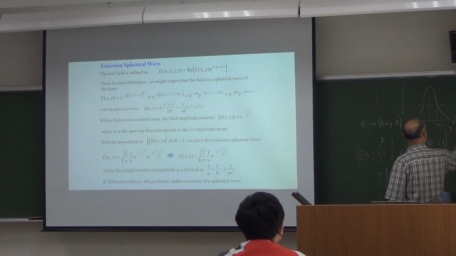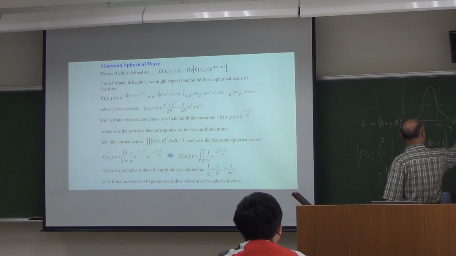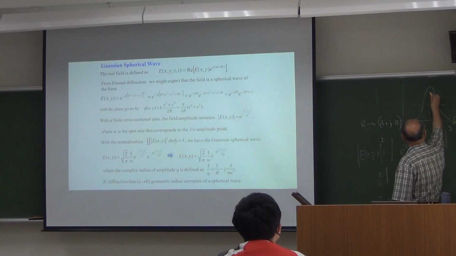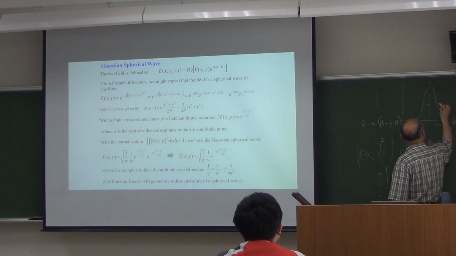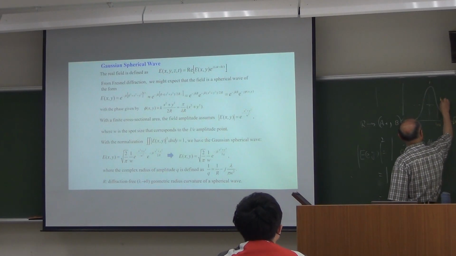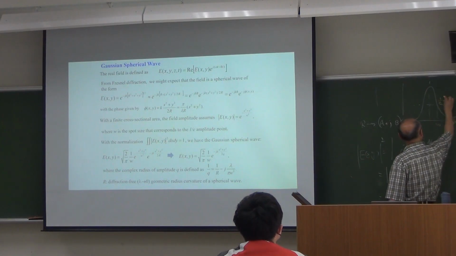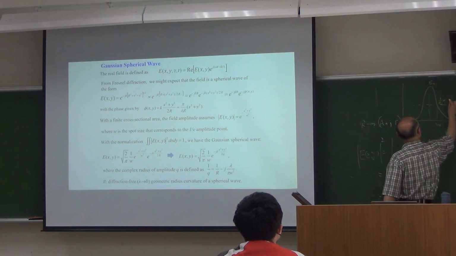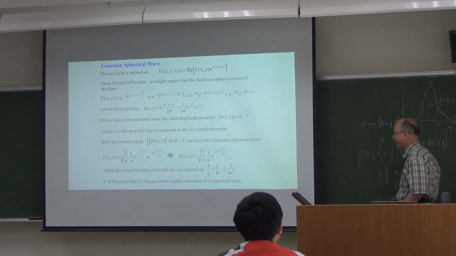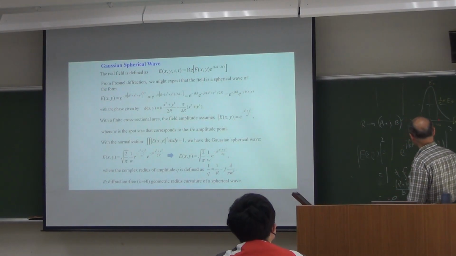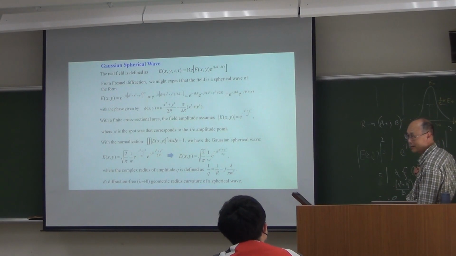This will be along the x squared plus y squared direction. If this is W, this will be 1 over E, E0. So this W has a physical meaning associated with it.